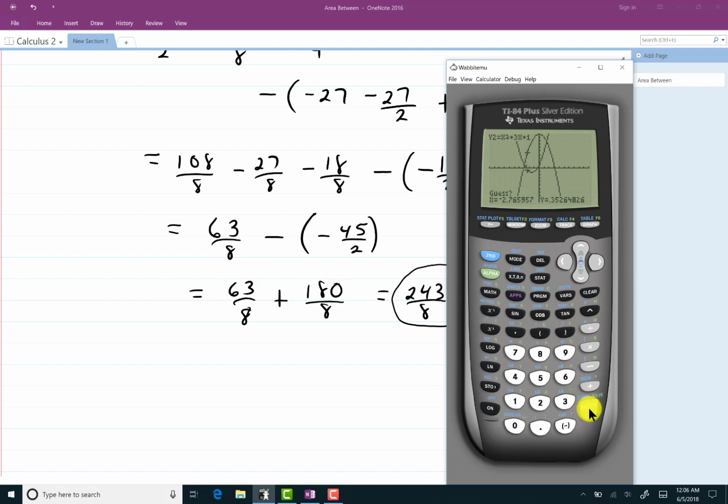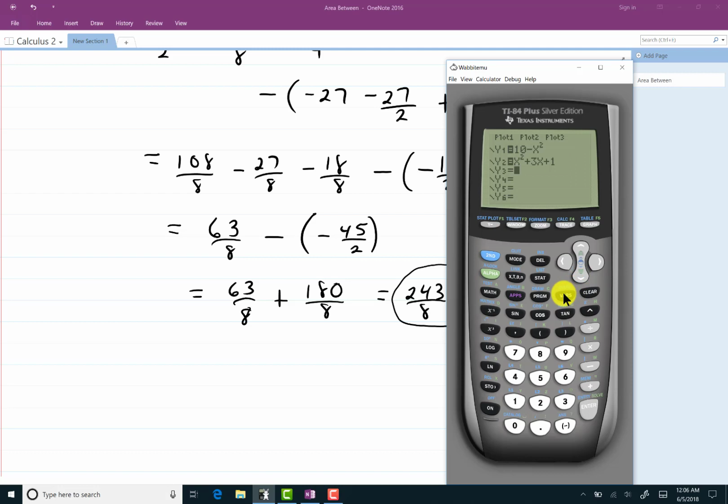And you'll see this will give us a negative 3. You can see the x value is negative 3. Repeat the process to make sure that you can get the 3 halves for the other intersection point. Now the reason why I bring this up is I can check this answer, this 243 over 8, by going back to y1, or y equals. Going back down, go to y3, and then do this.